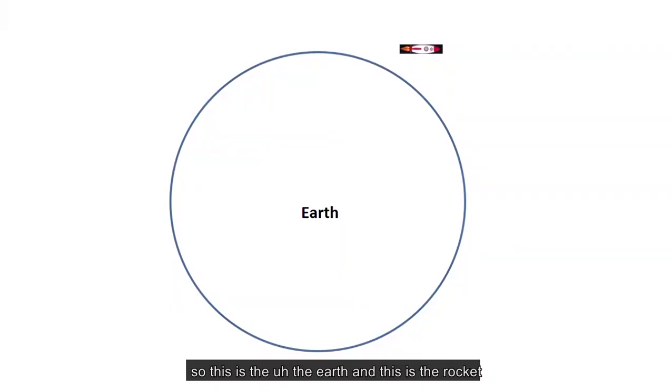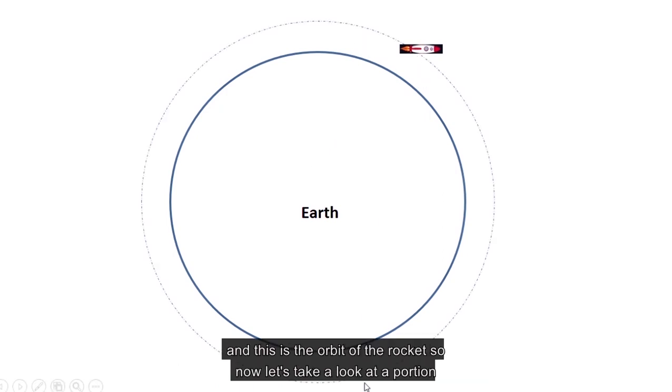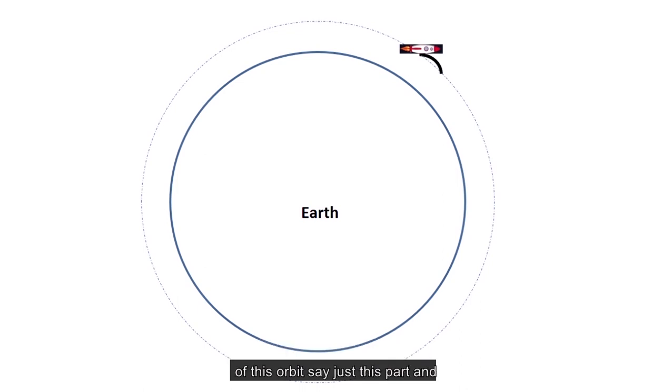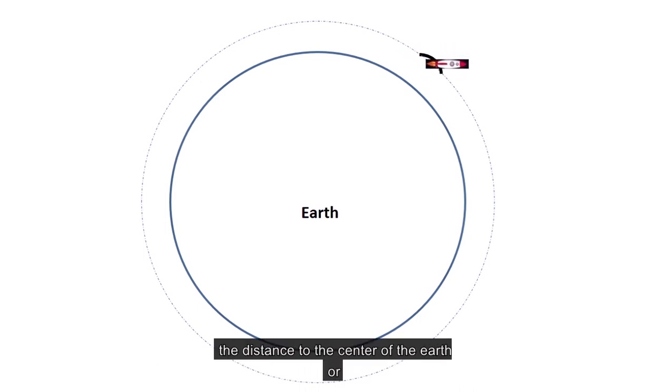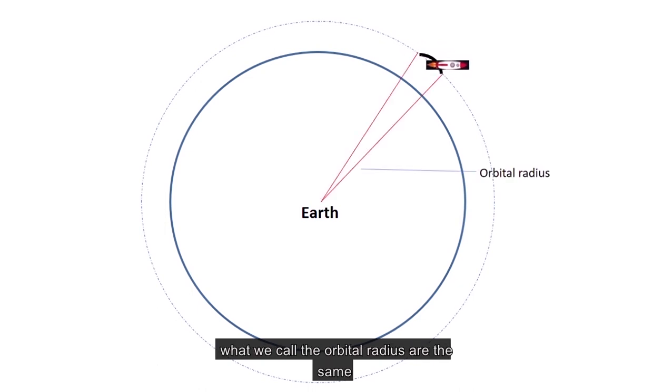So this is the Earth, and this is the rocket, and this is the orbit of the rocket. Now let's take a look at a portion of this orbit. Say just this part, and between any 2 points on this orbit, the distance to the center of the Earth, or what we call the orbital radius, is the same.